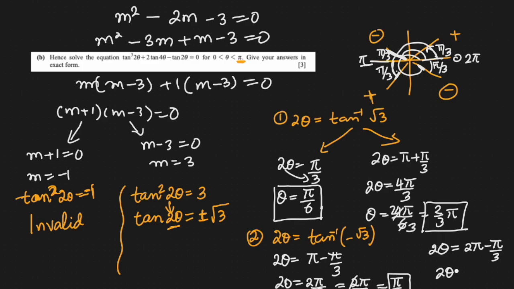So 2 theta equal to 6 minus 1, 5 pi by 3, and theta by cross multiplication will be 5 pi by 6. This is your fourth answer. So 1, 2, 3 and 4. These are the four answers for this question number 7.